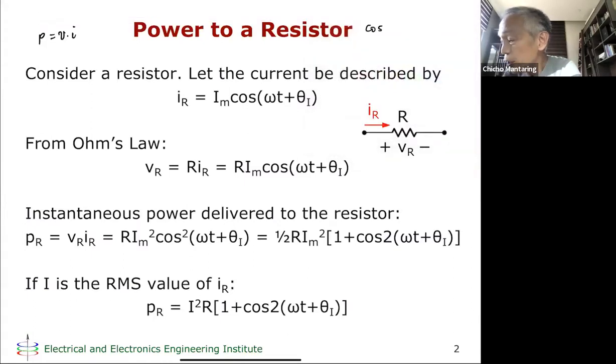Cosine squared of theta is equal to 1 plus cosine 2 theta over 2.